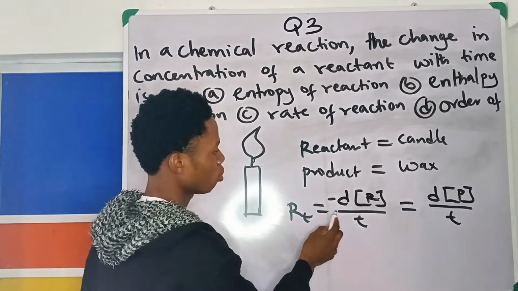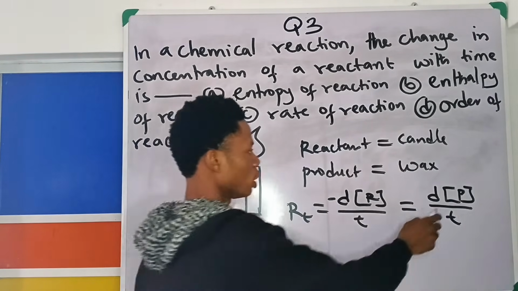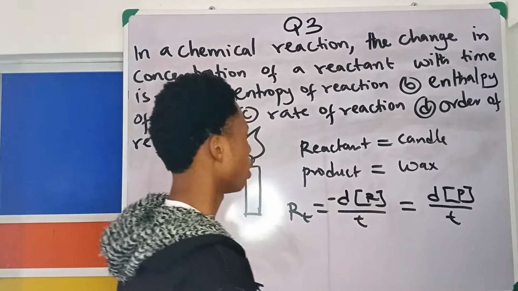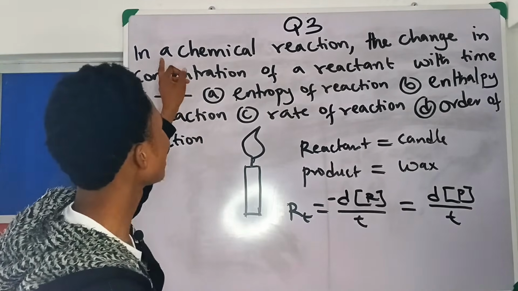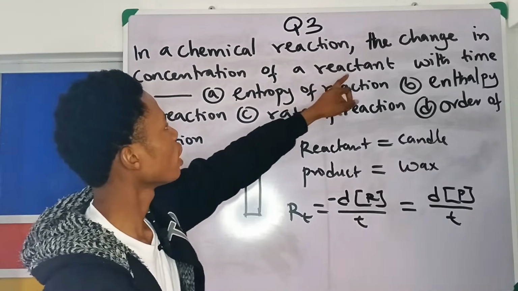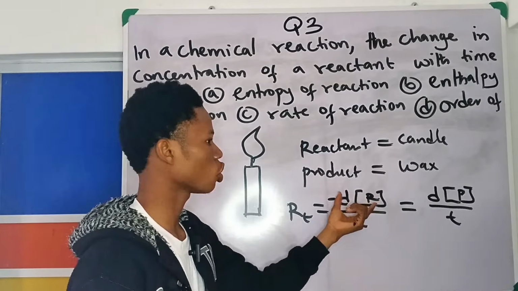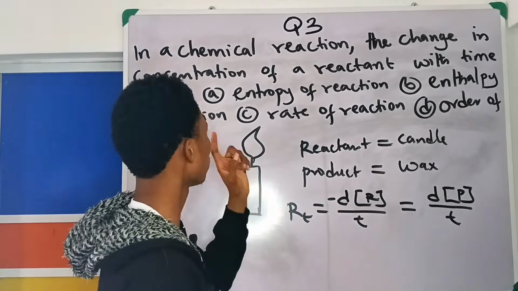I'm putting a minus here because the reactant is reducing, the length of the candle is reducing, so you put a minus. The product is increasing, so there is no need for a minus. So the question now says, in a chemical reaction, the change in concentration of a reactant with time is dash.